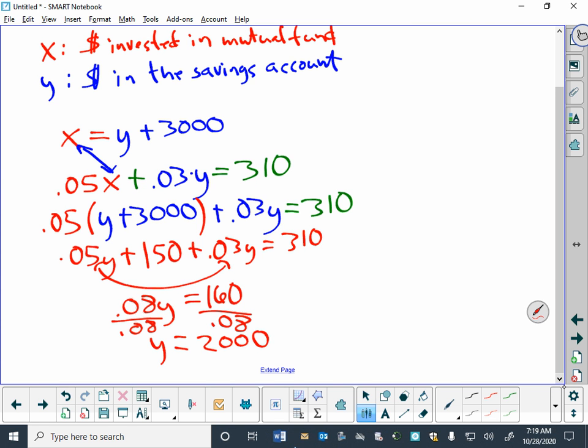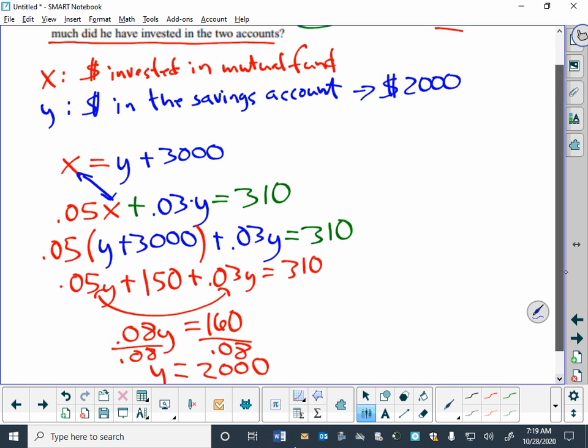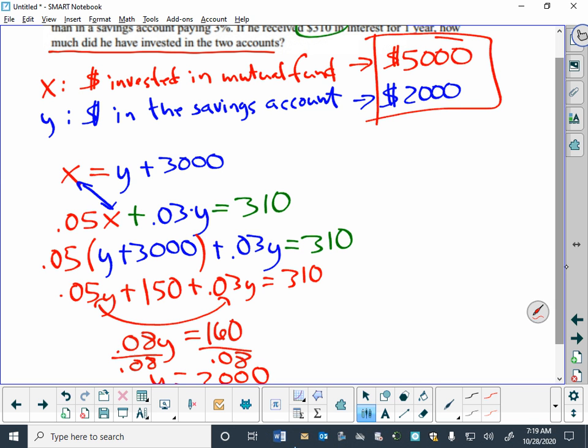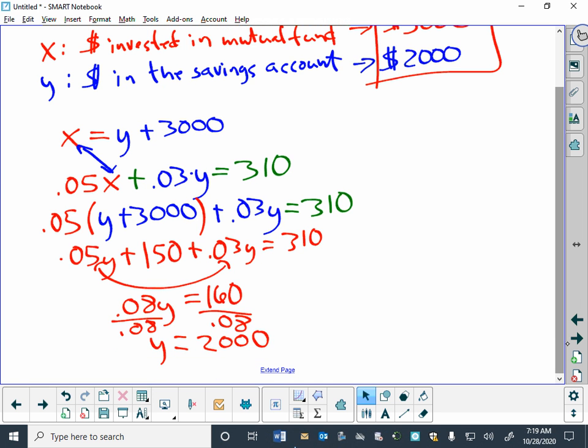Y stood for the amount of money in the savings account. Okay, so his savings account money, he has $2,000 there, and x is y plus 3,000. So 3,000 onto that means that he here has $5,000 invested in the mutual fund. All right, again, defining the variables, keeping track of that kind of thing.